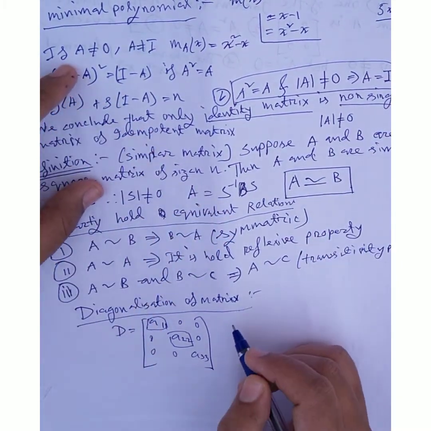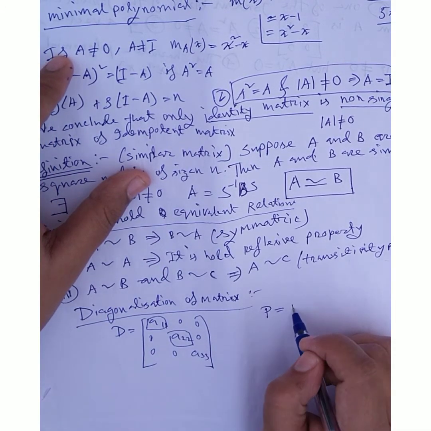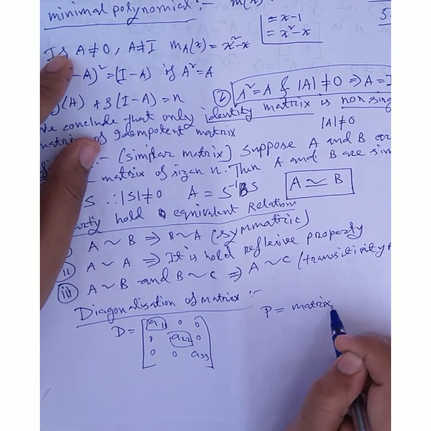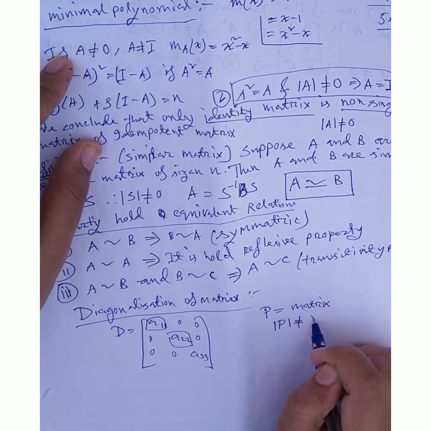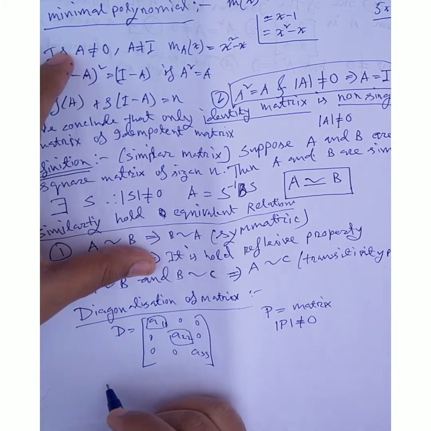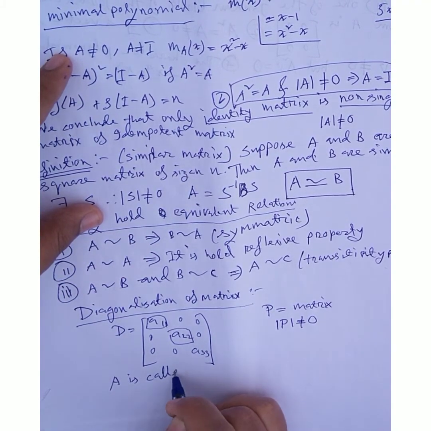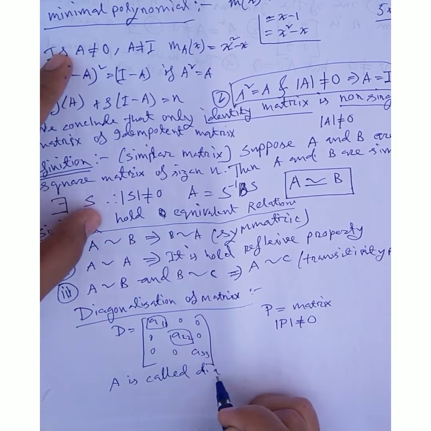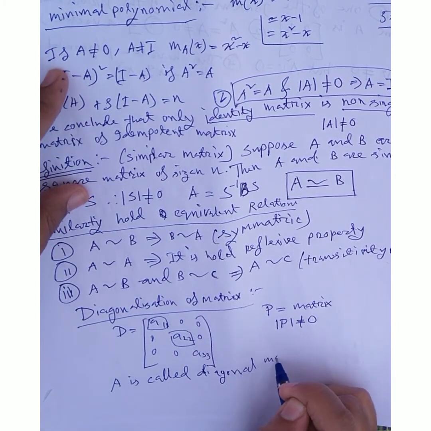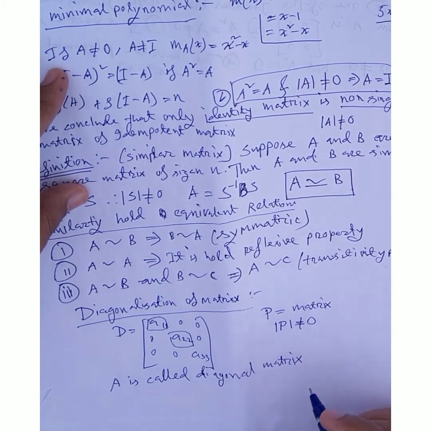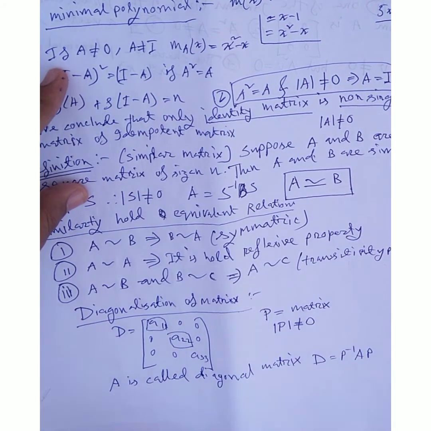Now, P is a matrix and determinant of P does not equal 0, then A is called a diagonalizable matrix when D is equal to P inverse AP.